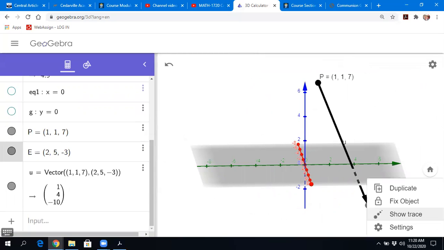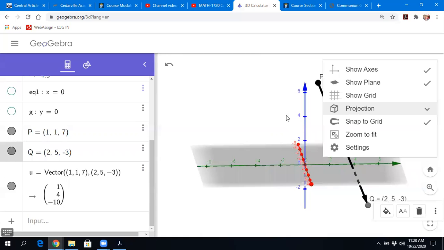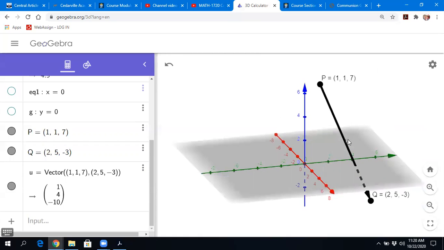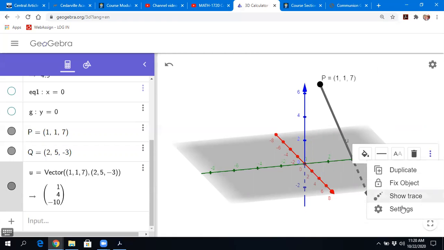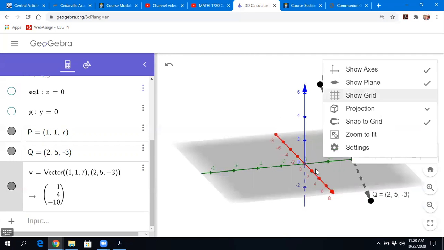And then I go down here, and in settings, change this to Q. Okay, so I have PQ now, so it looks a lot more like this. And this thing is called U. I don't like that. I'm going to call it V, like on the slides. And there it is.